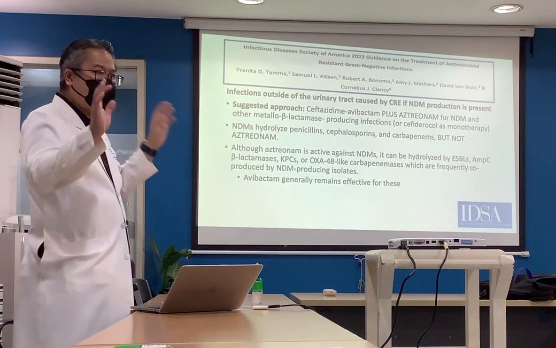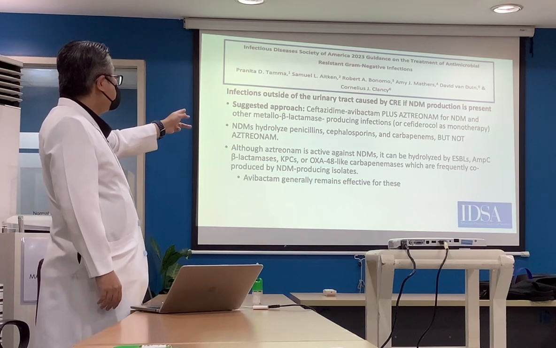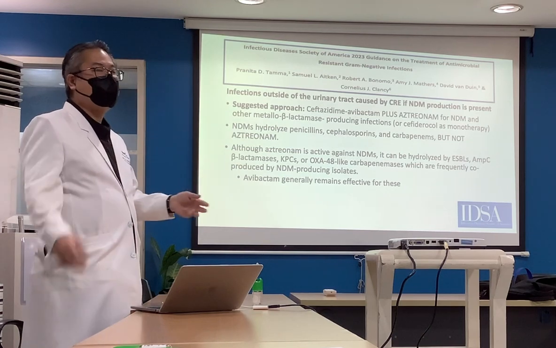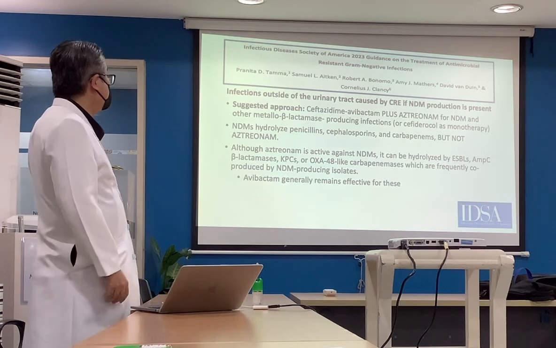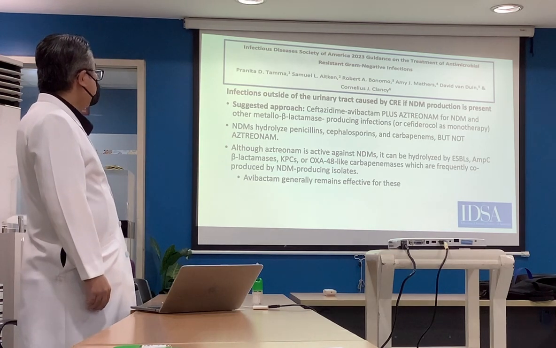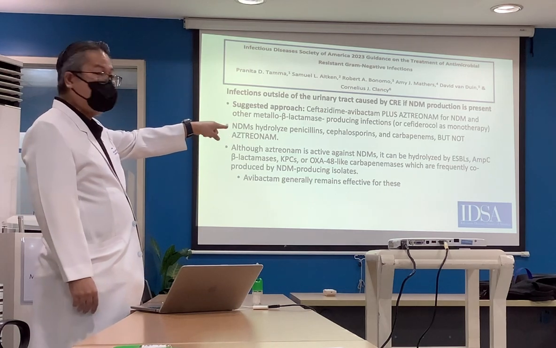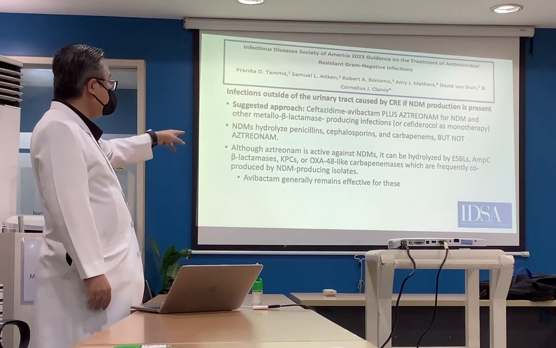Cephalosporins, we don't have, so let's not talk about that first. So again, NDMs hydrolyze penicillins, cephalosporins, carbapenems, but not aztreonam, and that's why we give aztreonam in combination with ceftazidime-avibactam. Although aztreonam is active against NDMs, it is hydrolyzed by ESBLs, AmpC beta-lactamases, KPC, OXA.